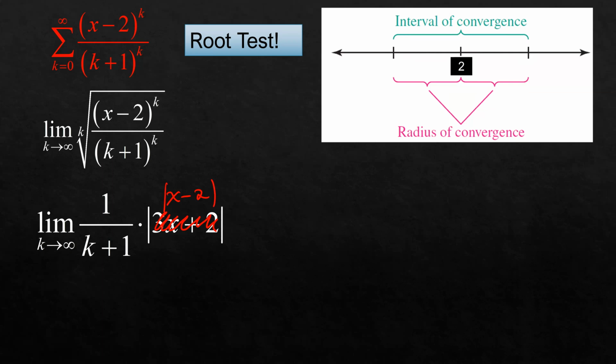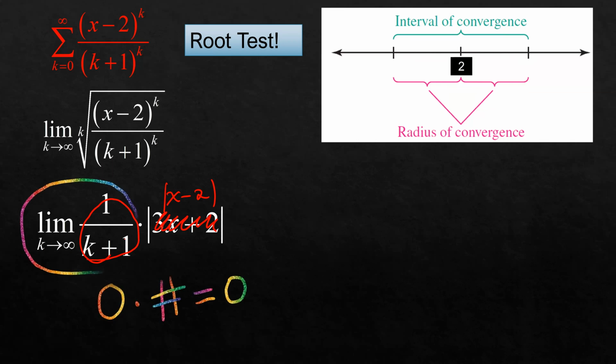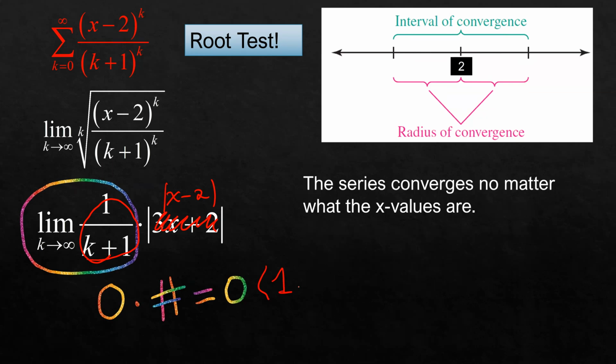Okay. And when k goes to infinity, this is going to go to 0. 0 times any number is 0, and 0 is definitely less than 1. So the series converges no matter what the x values are, right?